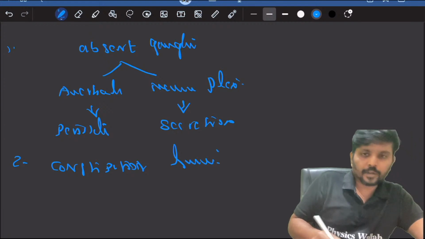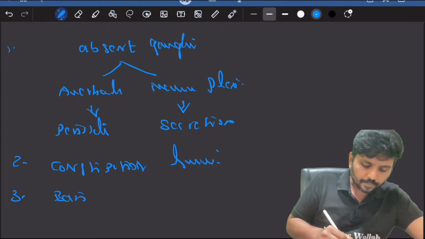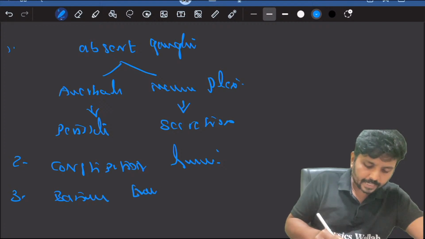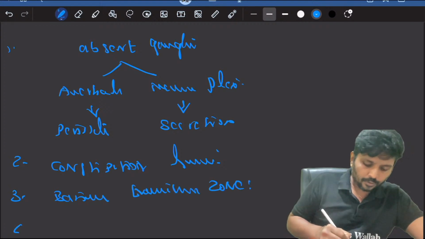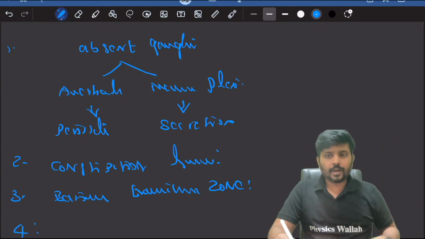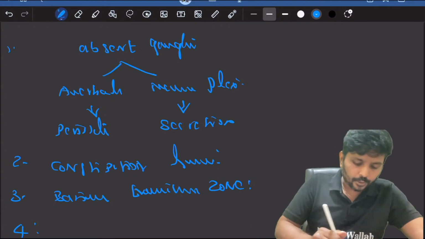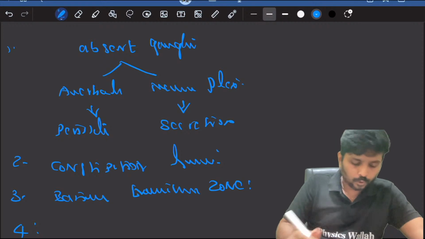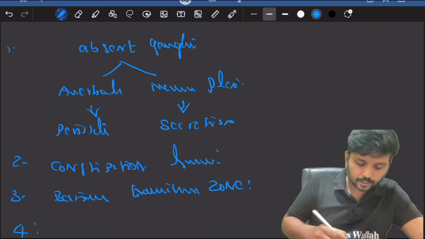Constipation since birth. Remember, in barium enema, you will have a transition zone.